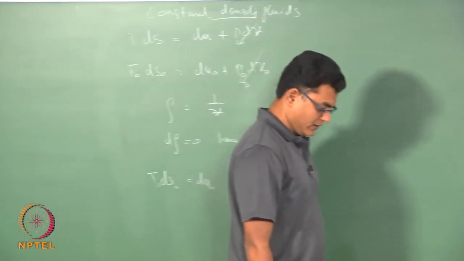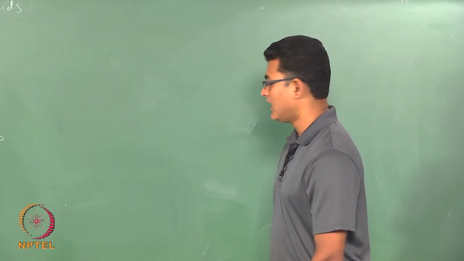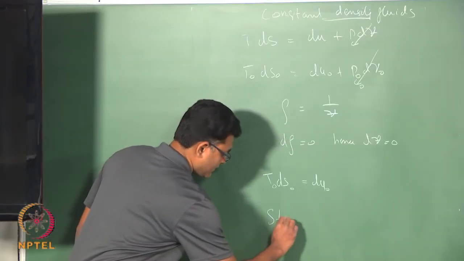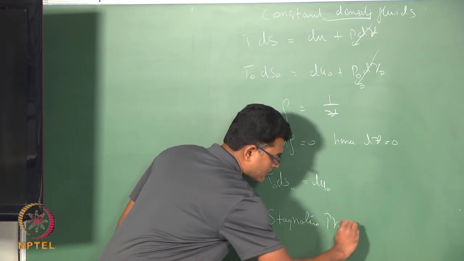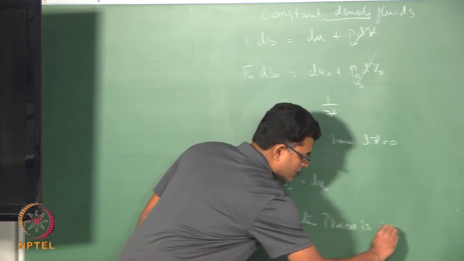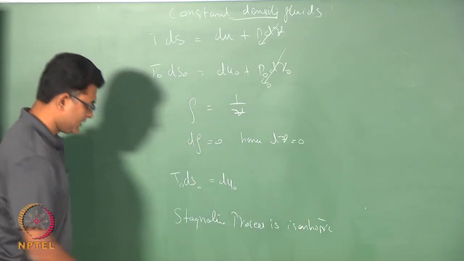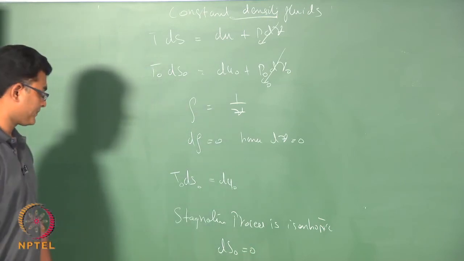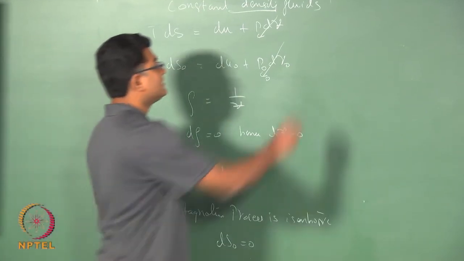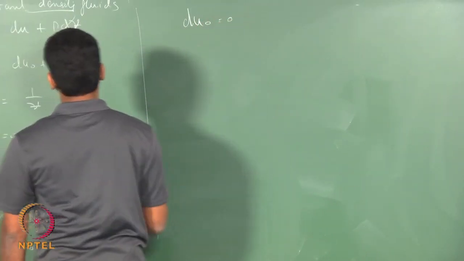Now, if this is the case, my stagnation process is isentropic, which means my ds is 0. So, if my ds is 0, my du is 0.